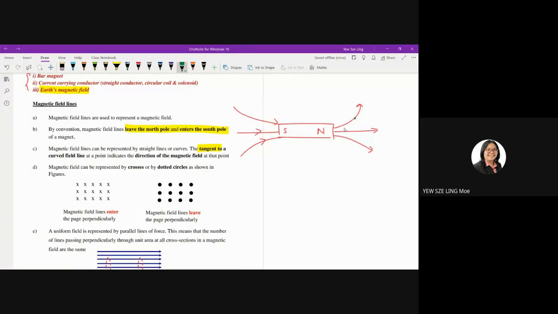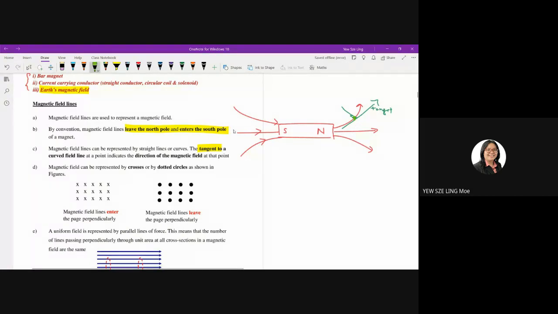You draw a straight line that is only touching the curve at this point itself, and it is perpendicular to the radius of the curve. This is what we call the tangent line, and it represents the direction at this particular point.